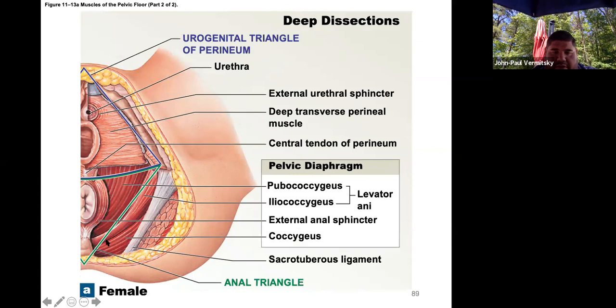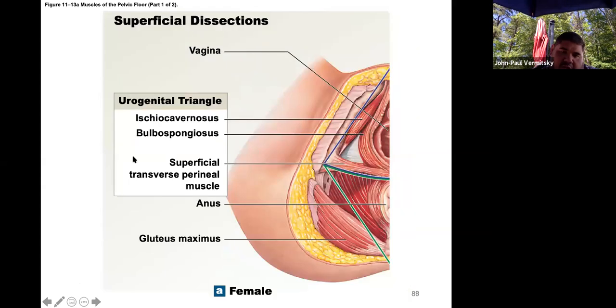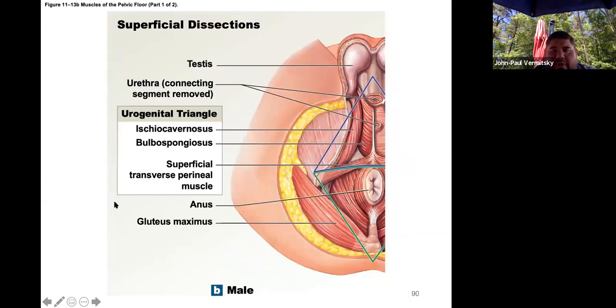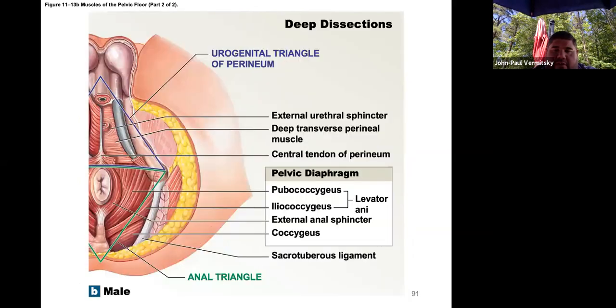So your coccygeus, your levator ani, and your external anal sphincter will all form the anal triangle. So you have the urogenital triangle right up here, and then you have the anal triangle below. And we also see the same set of muscles in the male forming those two triangles as well.